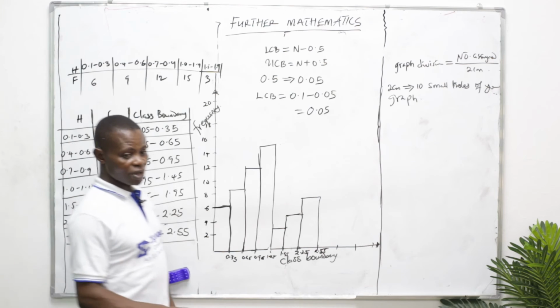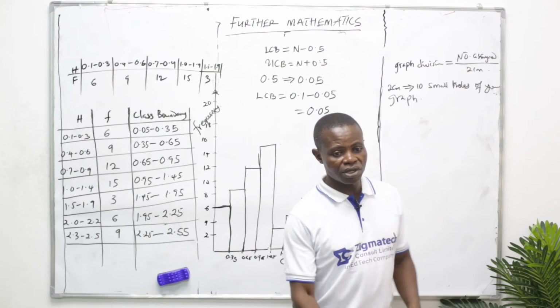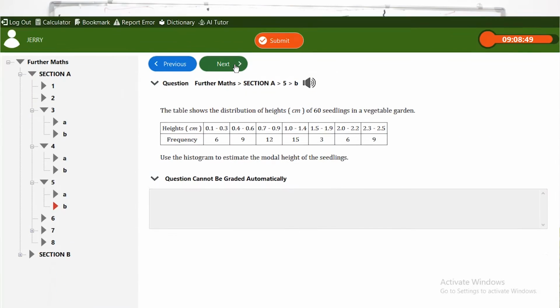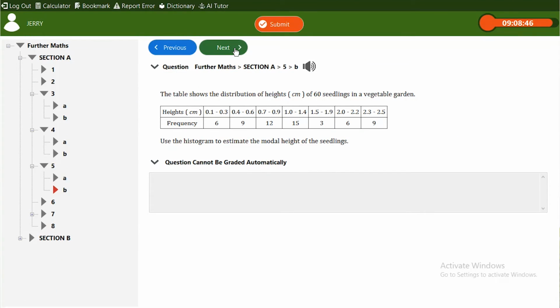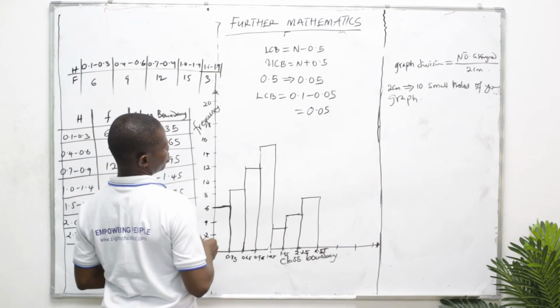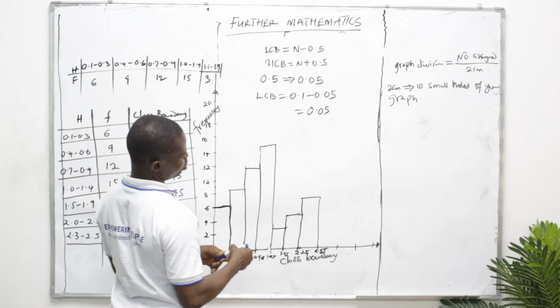Let's see if there is another question. They said draw a histogram for the distribution. Use the histogram to estimate the modal height of the seedlings. Now, mode simply means the highest occurring frequency, okay? Highest occurring frequency. Now, what is the highest height here? It is this. So look at what you do.